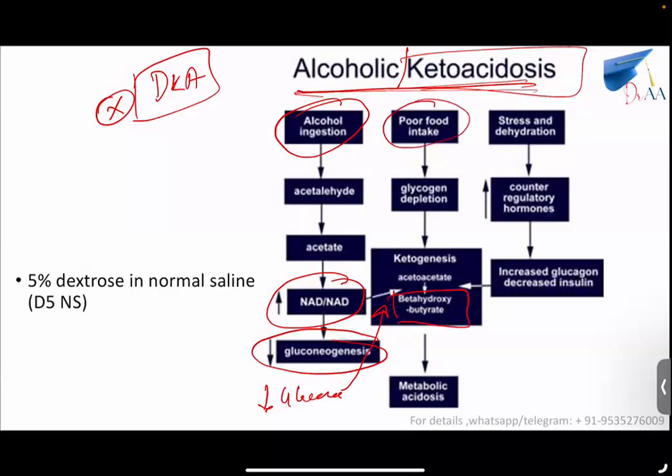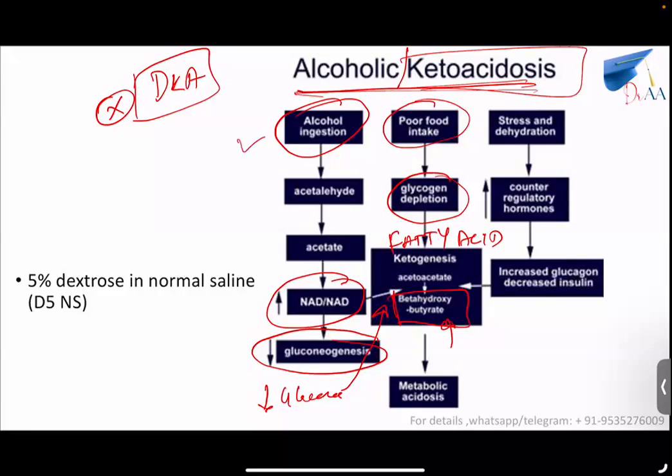Alcoholics don't take a lot of food because their appetite will be drastically reduced and they tend to vomit a lot. With poor food intake, glycogen will be utilized and eventually there will be depletion of glycogen. Once there is depletion of glycogen, again fatty acid breakdown will be there. Because of fatty acid breakdown, beta hydroxybutyrate is produced. Beta hydroxybutyrate is important here.